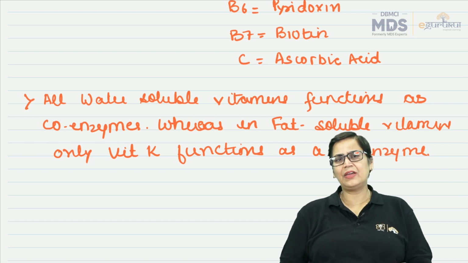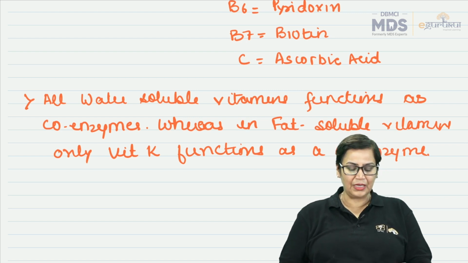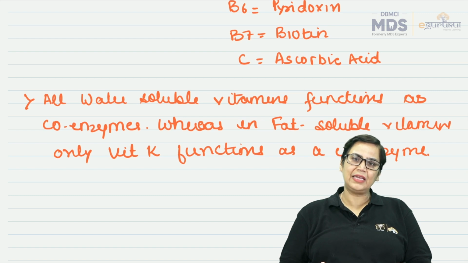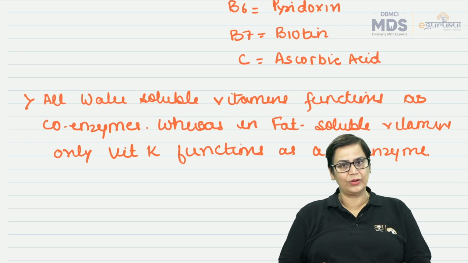This is one of the very, very important differences between water-soluble and fat-soluble. Okay? In fat-soluble, only K will function as a coenzyme, whereas you will see, when we discuss the functions of all water-soluble vitamins, they are going to function as coenzymes.